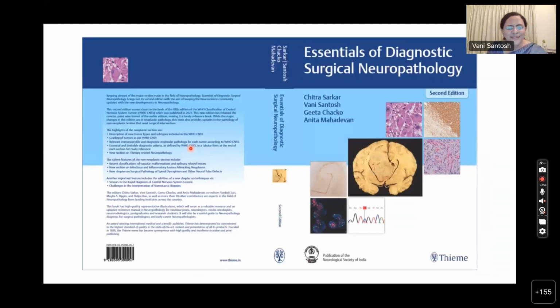I'll stop at this and just want to tell the students that very recently we have published this textbook, the second edition of Essentials in Diagnostic Surgical Neuropathology, where a lot of tumors and even non-neoplastic lesions are covered. It is very concise, and everything is described point-wise and is very easy to understand.